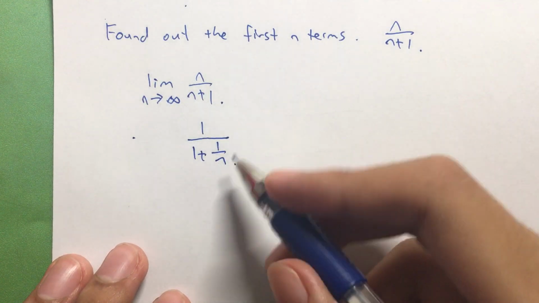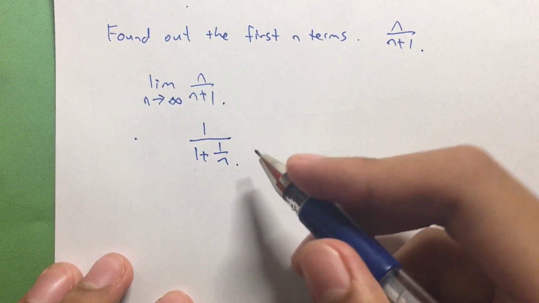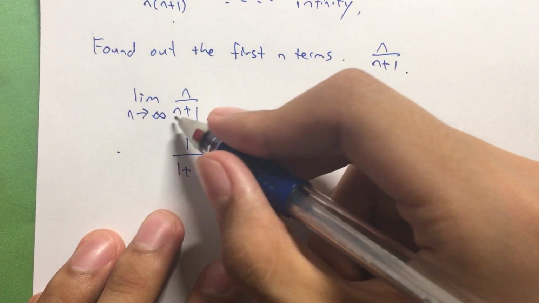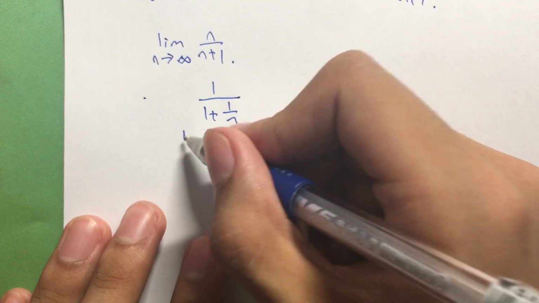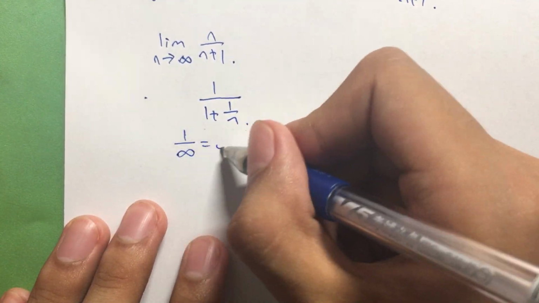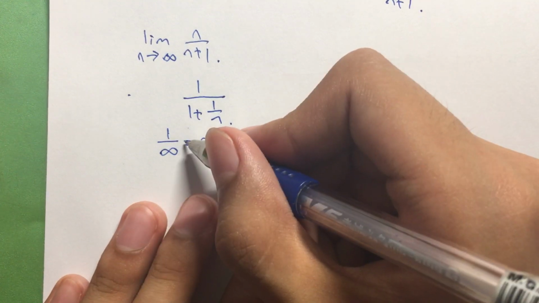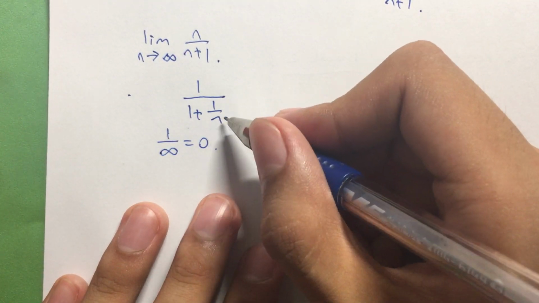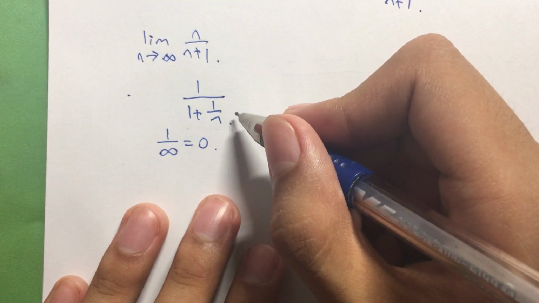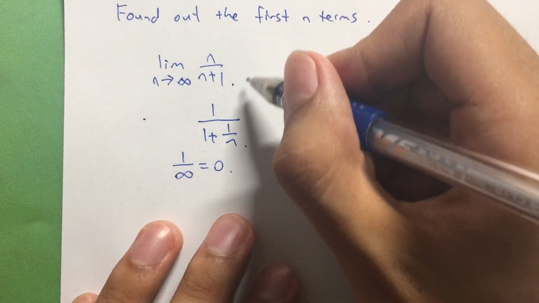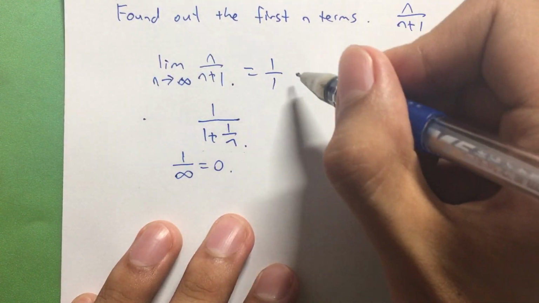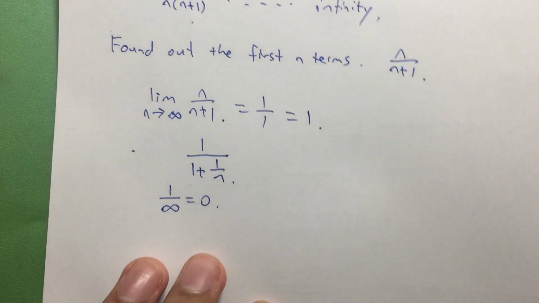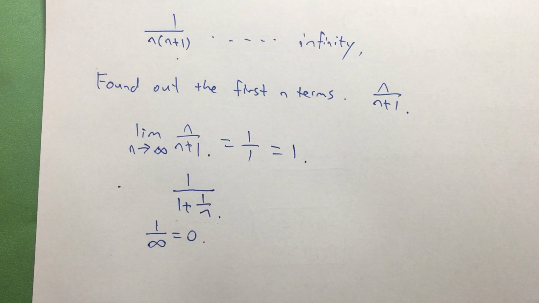Because n is going to infinity, we know that 1 over infinity is equal to 0, which means that 1 over n goes to 0. So what we are left with is 1 over 1, which is equal to 1. And that is our answer for the sum to infinity.